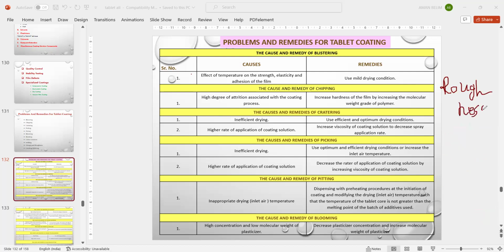First, your coating solution gets dry before it reaches the tablet bed.